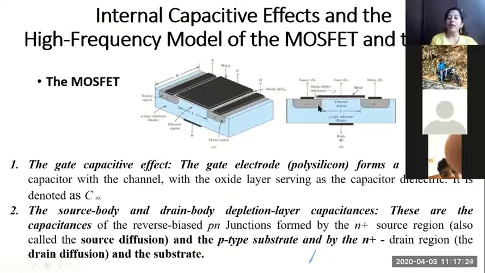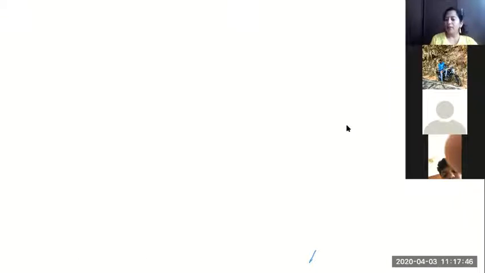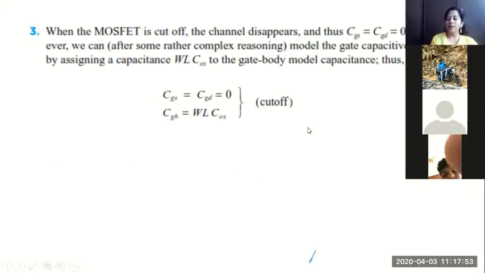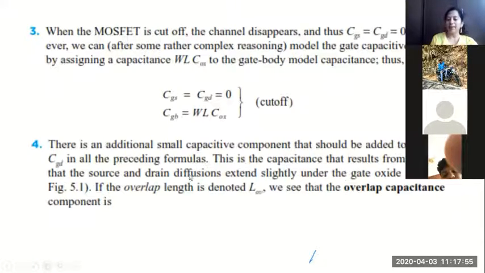That overlap length, we call the length of overlap. Here, if I try to measure it, this overlap at this end is so much. At this end, the overlap is so much. I'll call that length of overlap as LOV. The length of overlap is known as LOV, and that overlap causes a small capacitance effect. And that is known as the overlap capacitance.